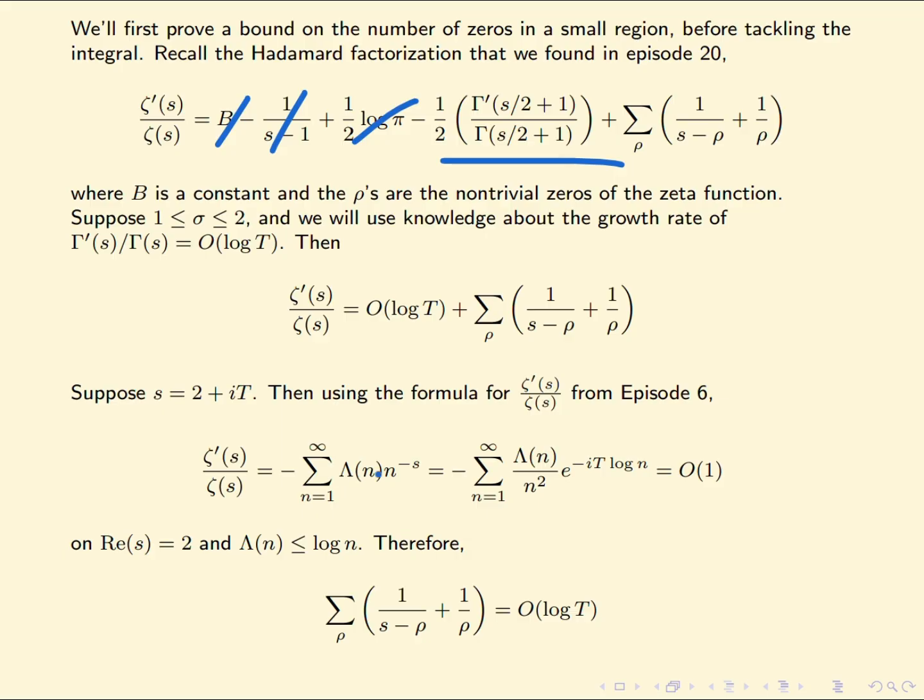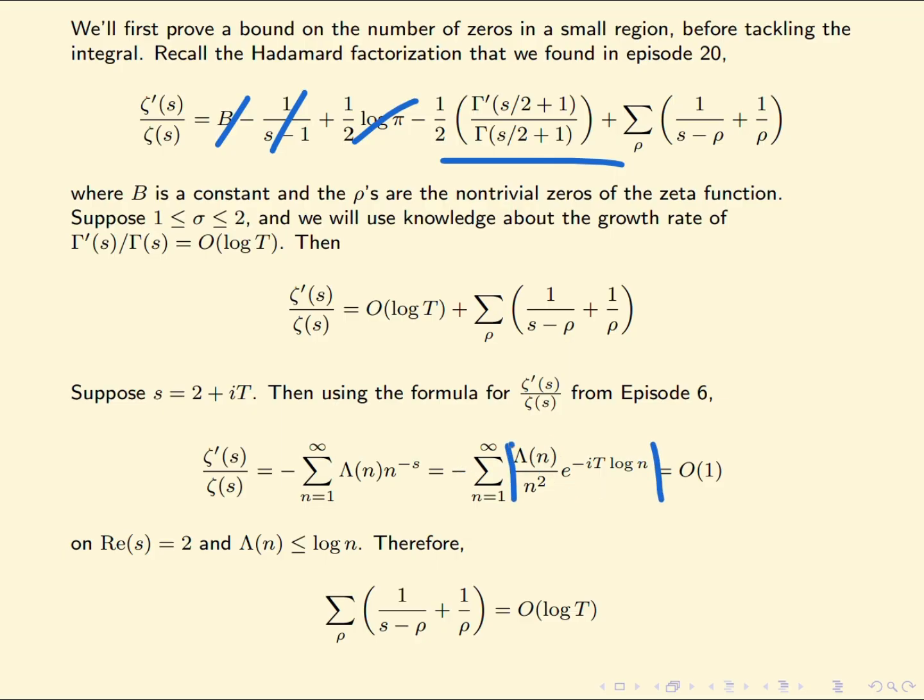And moreover, if you multiply this out times n to the minus s, like the zeta function, because the real part of s is 2, this term just has an absolute value of 1. So I can just use the triangle inequality here. The absolute value of this thing is less than or equal to the absolute value of the sum.